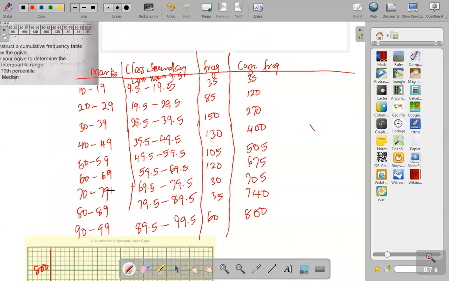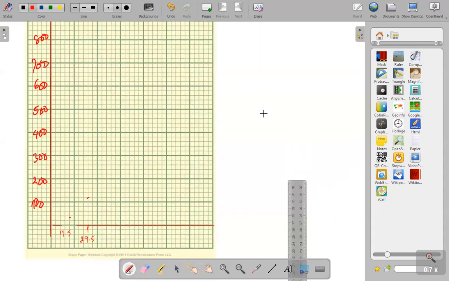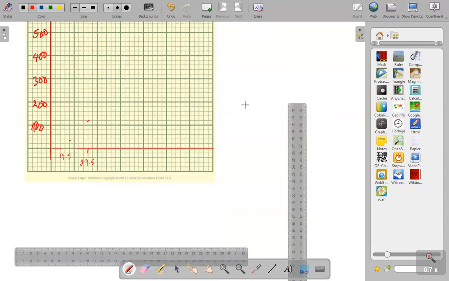Then the next one is 39.5. And the cumulative is 270. Again, I will count 4 boxes from where I stopped. Remember my class width is the same. That's why I'm using 4 boxes for each item. So 1, 2, 3, 4.